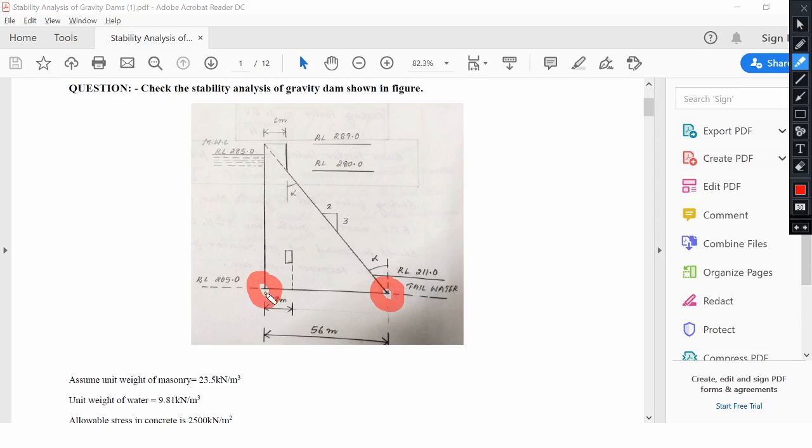So it is very important to identify the heel of the dam and the toe of the dam. In my further explanation, I will discuss some lengths and parameters based on this heel and toe of the dam that we can see later in our lecture.